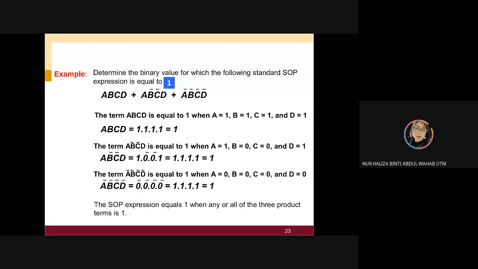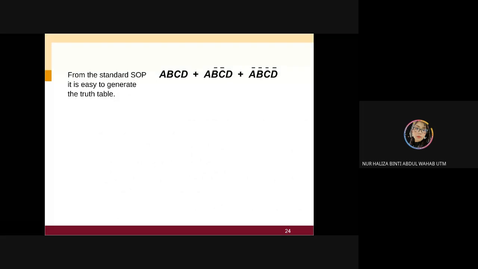So that's why I show you in terms of one by one to check your answer. So from the standard SOP, it is easy to generate the truth table. So that's why you need to change to the standard SOP. If you were given a non-standard SOP, you cannot get the truth table.